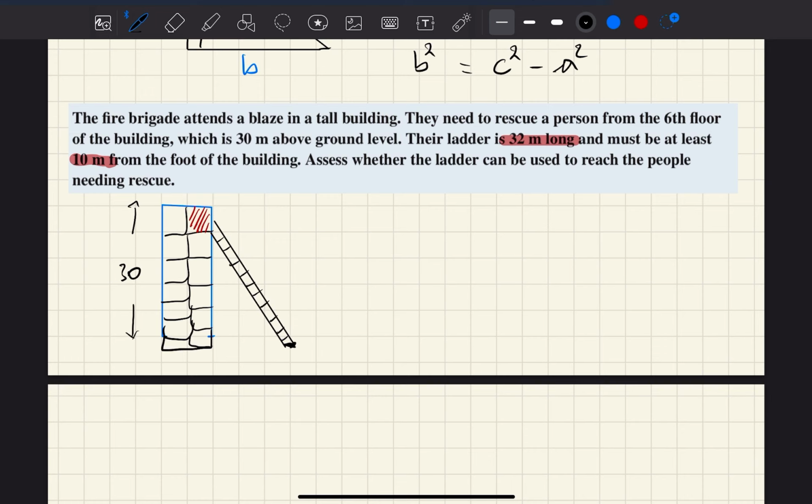Now we know that this ladder is 32 meters, and then we know this part here.